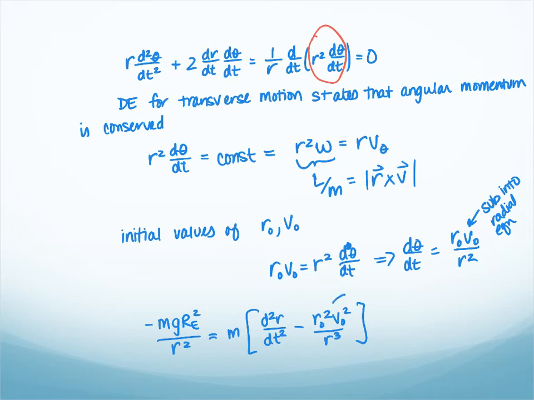And what we've done here is we're substituting in, this term originally was r times d theta dt squared. And so we've made that substitution.